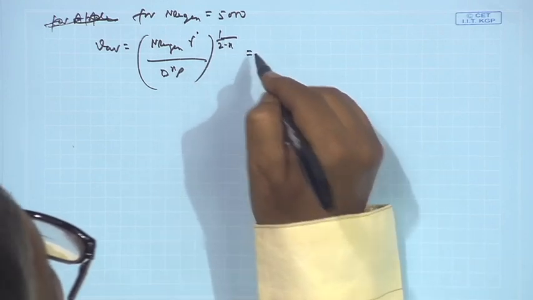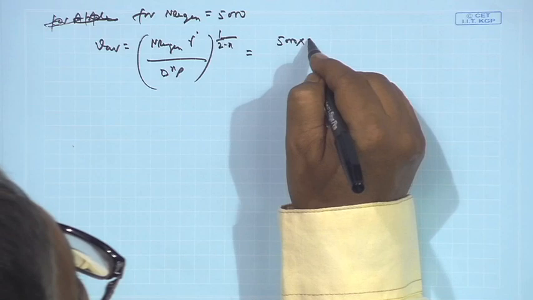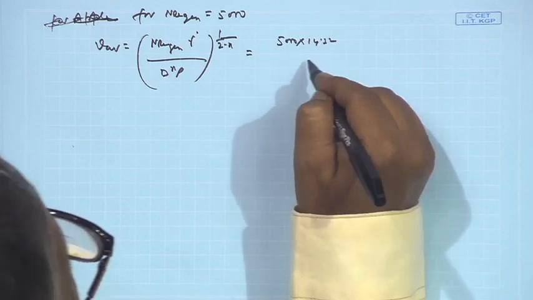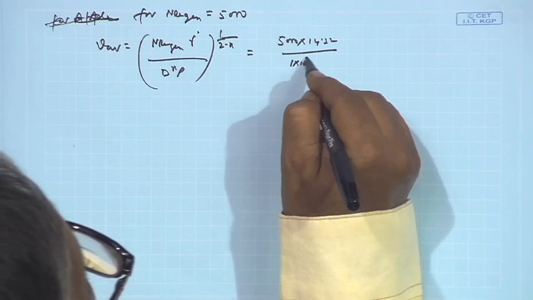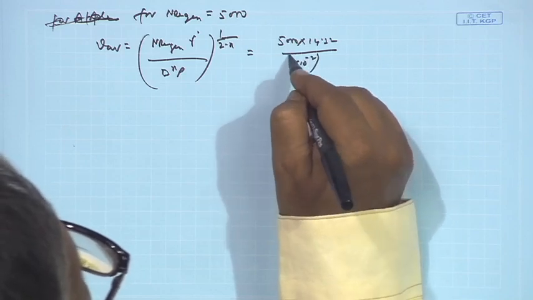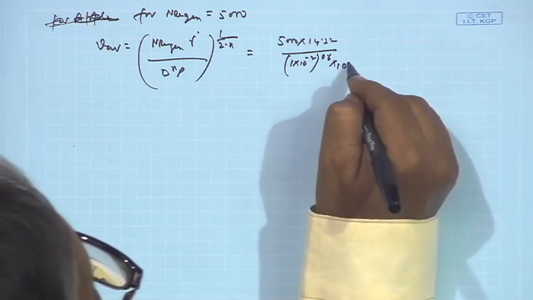So this is equals to 5000 into 14.32 divided by 1 into 10 to the minus 2 to the power 0.6 into 1030.